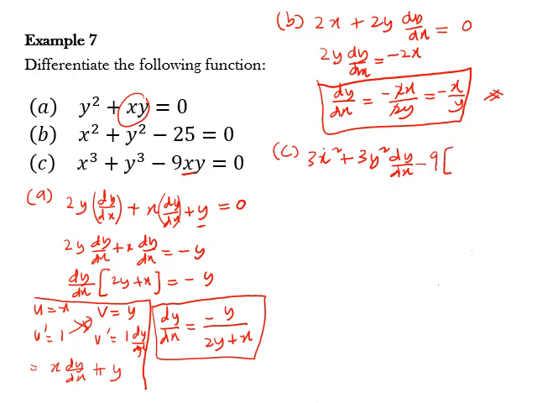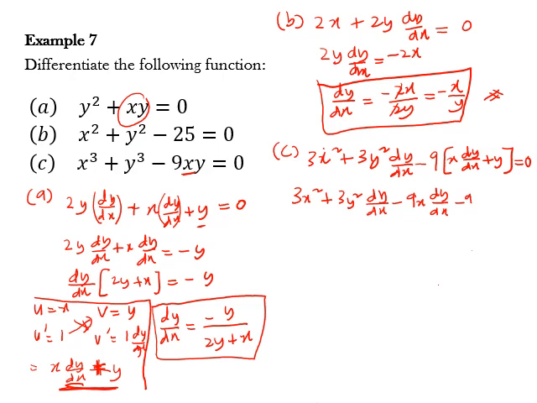We differentiated xy just now, so just take the value here: x dy/dx plus y equals 0. So you simplify it first. 3x squared plus 3y squared dy/dx. I will expand first: 9x dy/dx minus 9y equals 0.